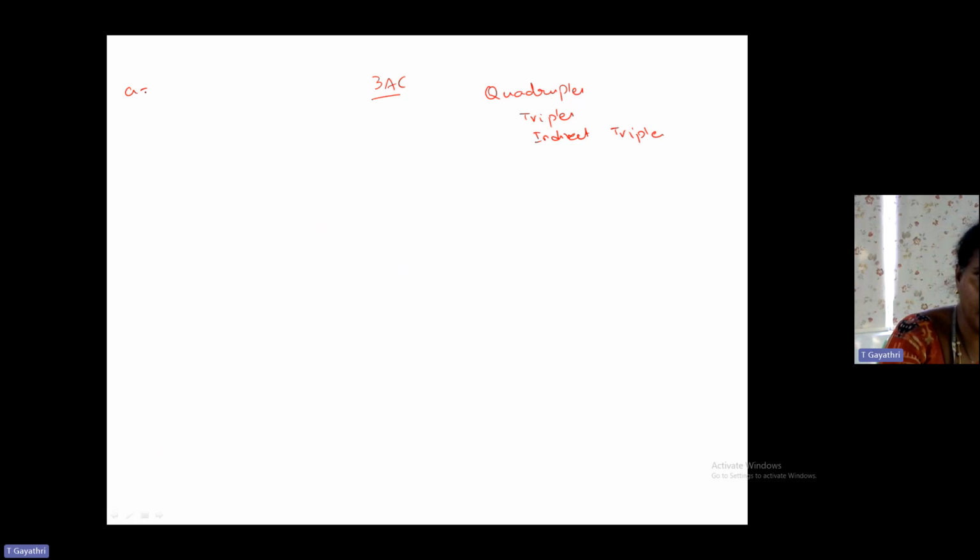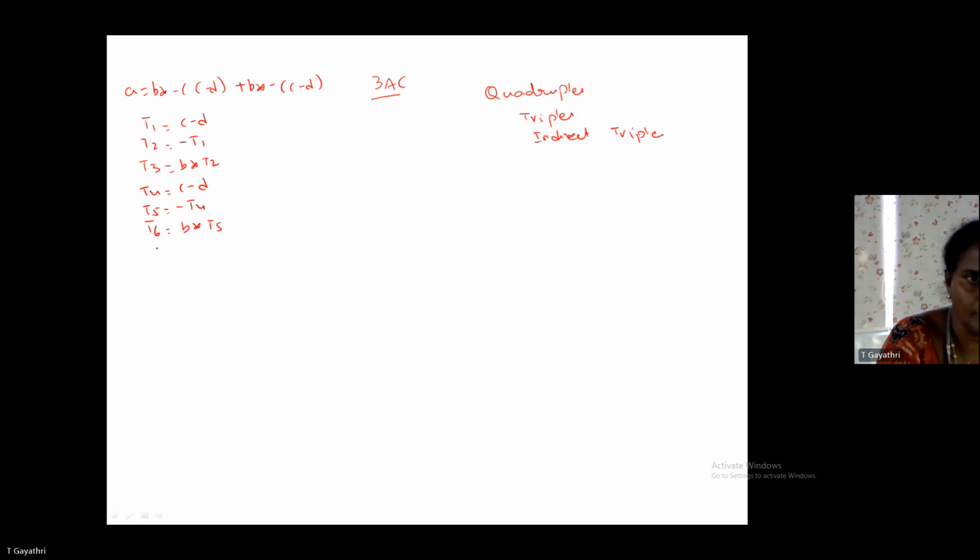See our example: A equal to B into C minus D plus B into C minus D. First I can write the three address code. T1 equal to C minus D, T2 equal to B into T1. Again T3 equal to C minus D, T4 equal to B into T3. T5 equal to T2 plus T4, and finally A equal to T5.